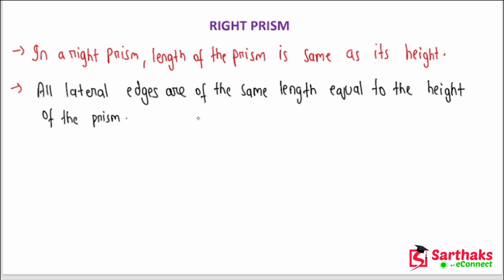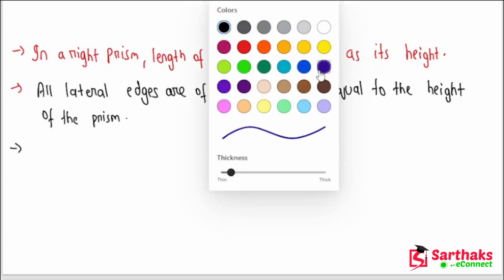So actually the length of this lateral edge is also called the length of the prism. I already told you that the axis and the length of the edges are the same in the case of a prism. So it is like that only.